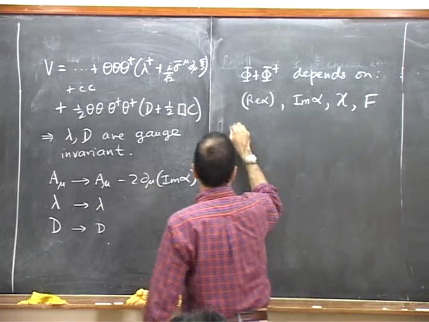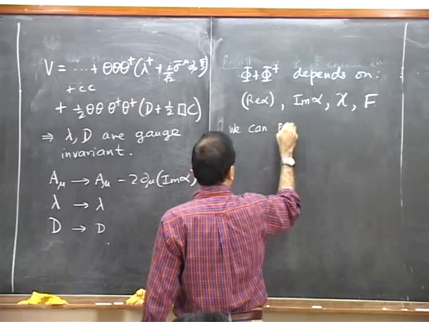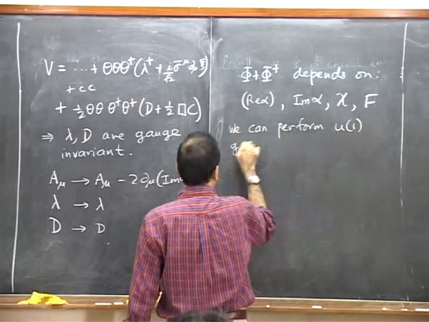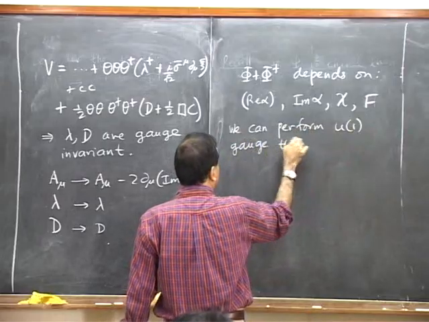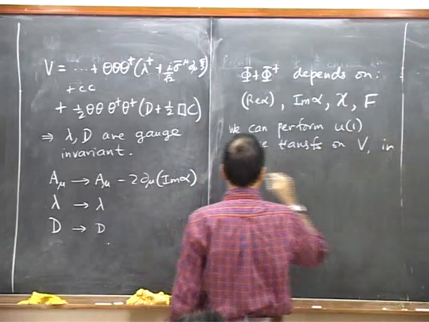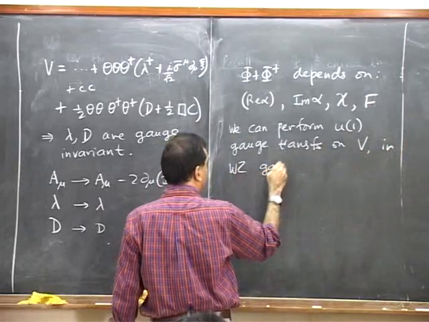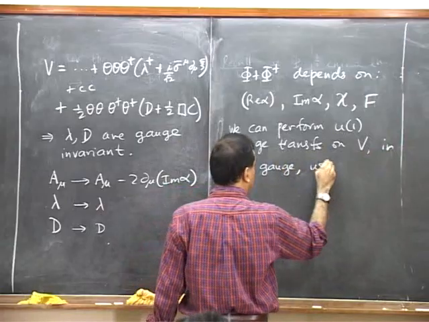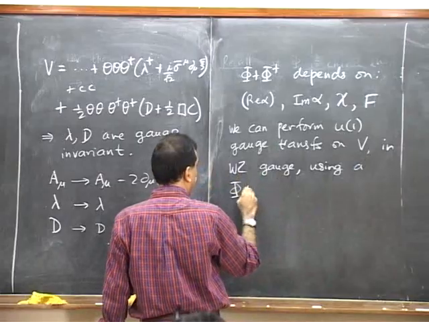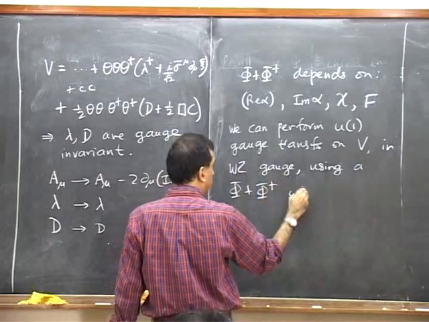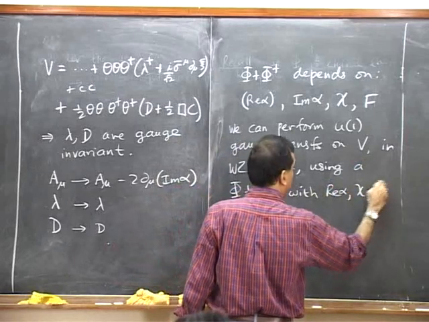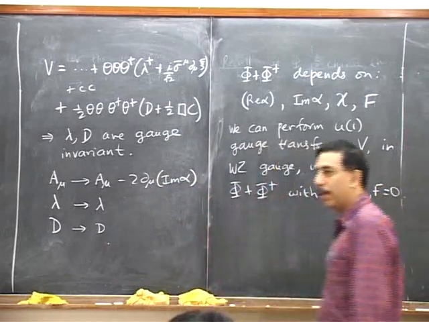So we can perform U(1) gauge transformations on V in Wess-Zumino gauge using a phi plus phi dagger with real part of alpha as well as chi as well as F equal to 0.